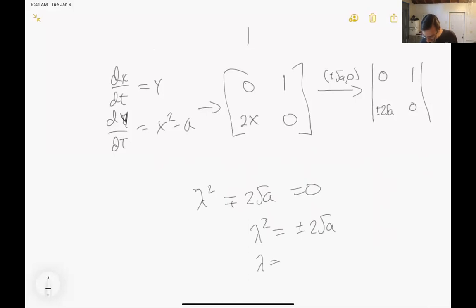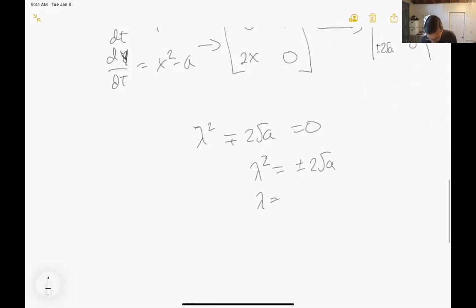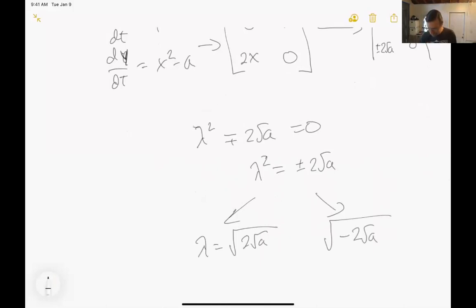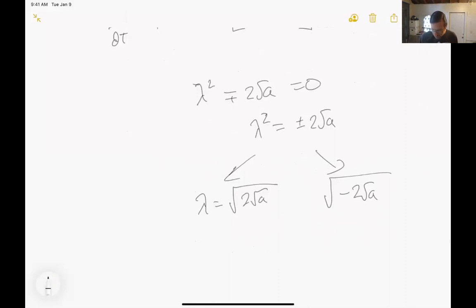So let's think about that. We get two roots here. One of those is the square root of 2 root a, and the other is the square root of negative 2 root a. So the negative one, what kind of singularity is that?